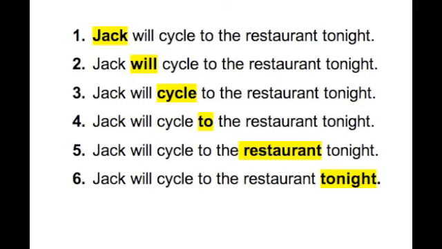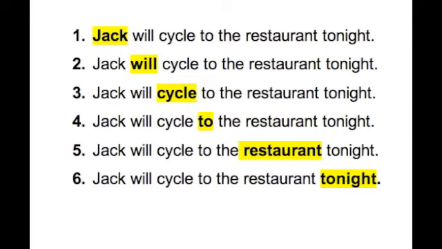Sentence number 1. Jack will cycle to the restaurant tonight. The word Jack here had the most melody. It sounds funny like that, but you can still hear where the stress is in the sentence. Jack will cycle to the restaurant tonight.